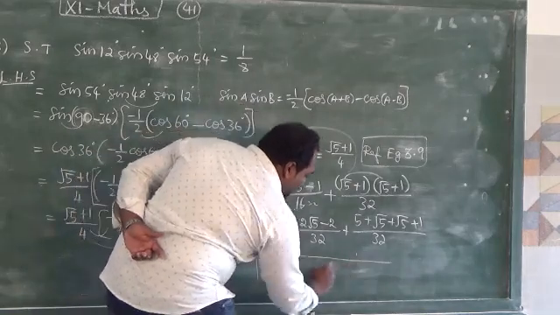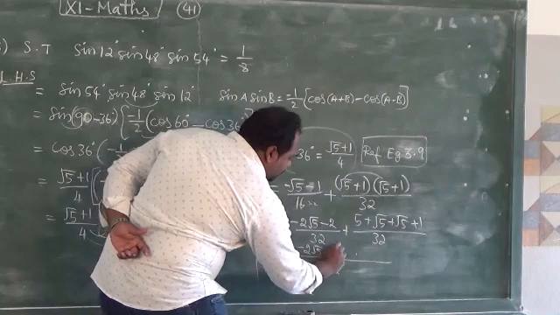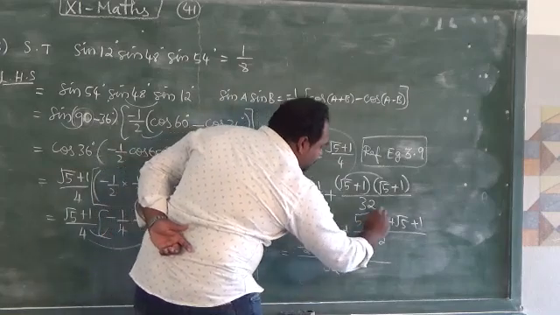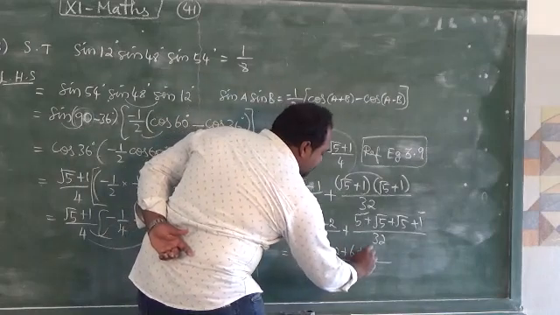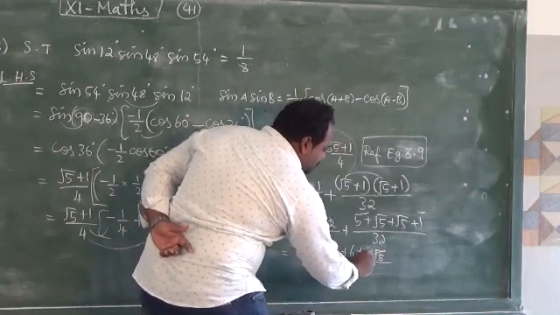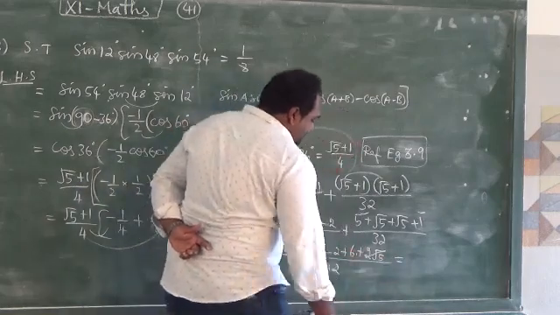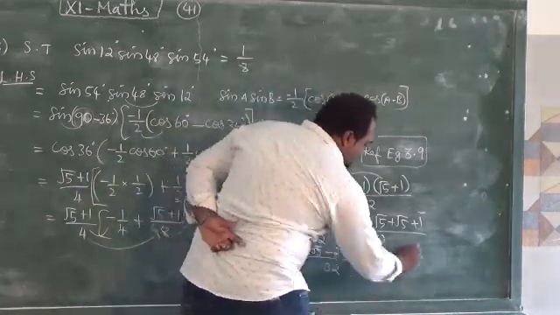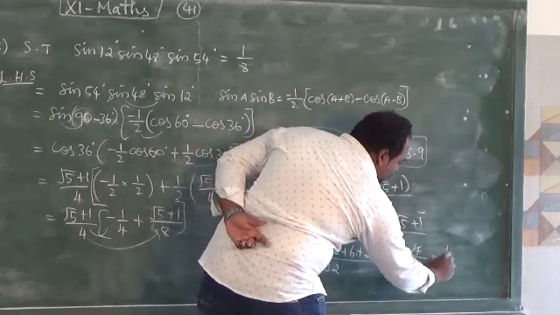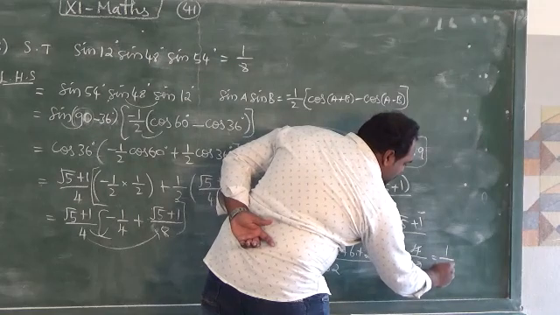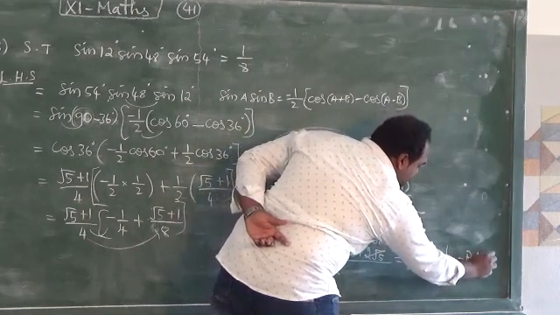So the common denominator 32, minus 2 root 5 minus 2 plus 6 plus 2 root 5. So this and this cancelled. Finally minus 2 plus 6, it is 4 by 32. If I cancel it, 1 by 8, which is RHS.